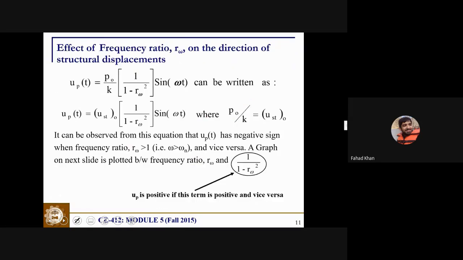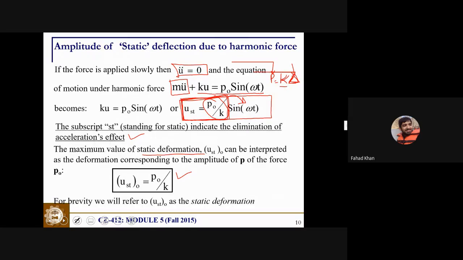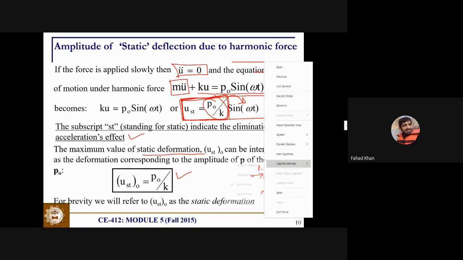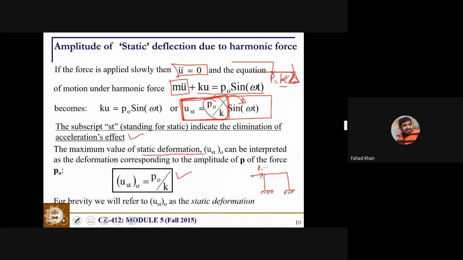It would be worth mentioning that if you have a structure like this, for example, and it has a known value of stiffness, and you apply the force as P naught sine omega t, what does it mean?